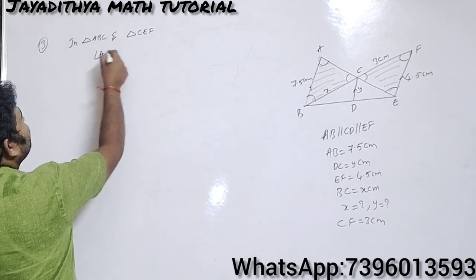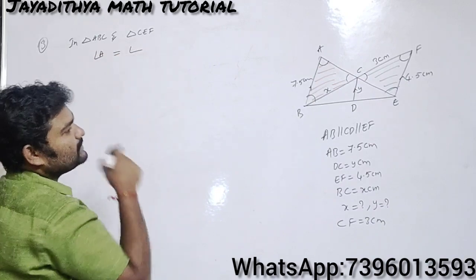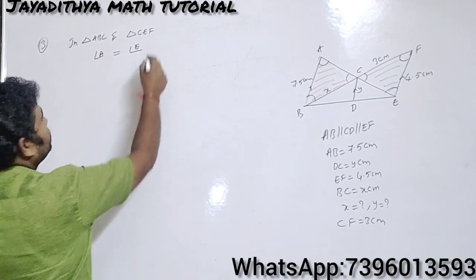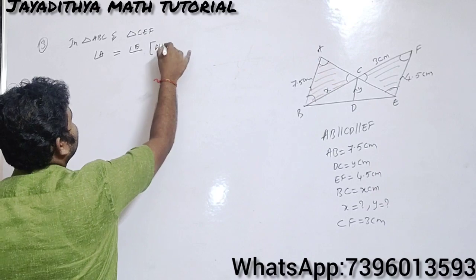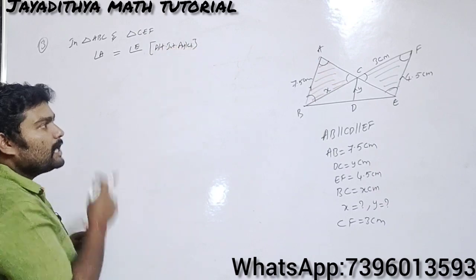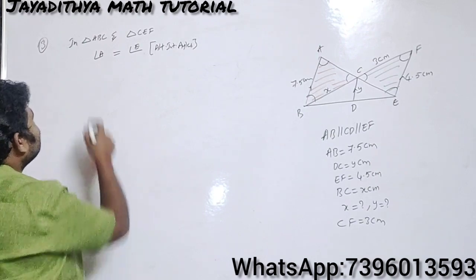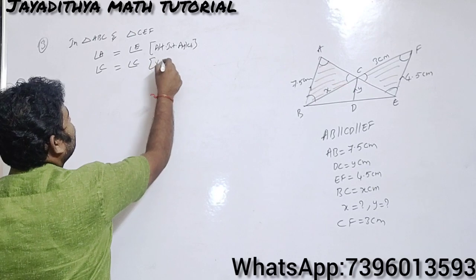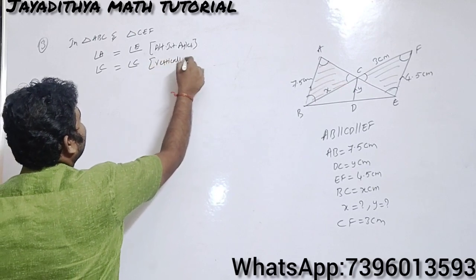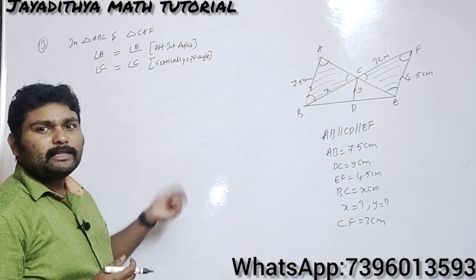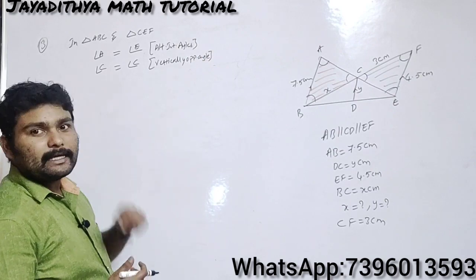In triangle ABC, angle A is equal to angle E in triangle CEF, right? And in the reason you should write, alternate interior angles are equal. Also you can write about angle C. Angle C is equal to angle C in both the triangles. Why? Because these are vertically opposite angles. If you show 2 angles are equal, by AA similarity you can prove that both the triangles are similar.